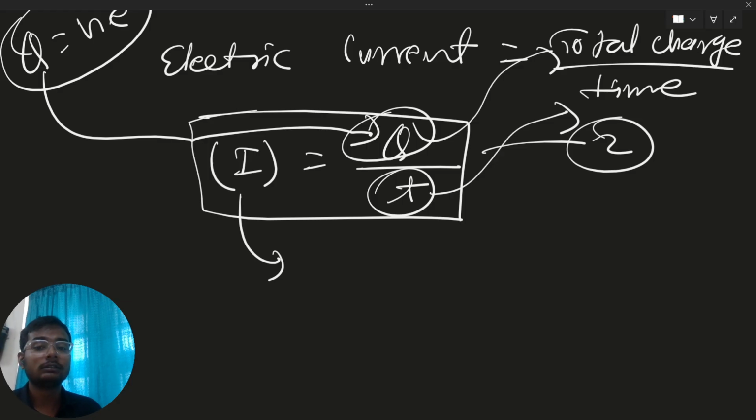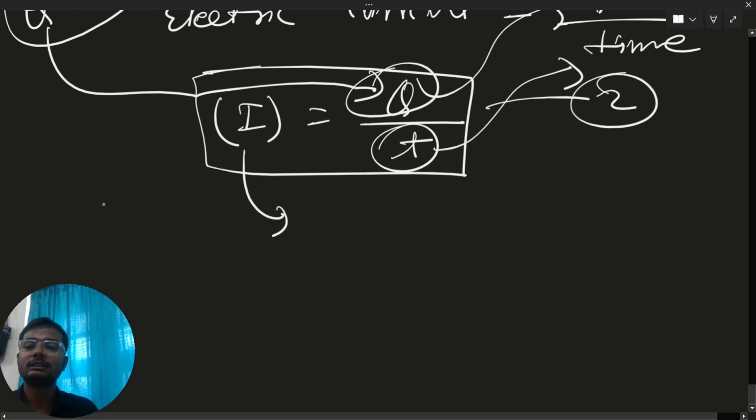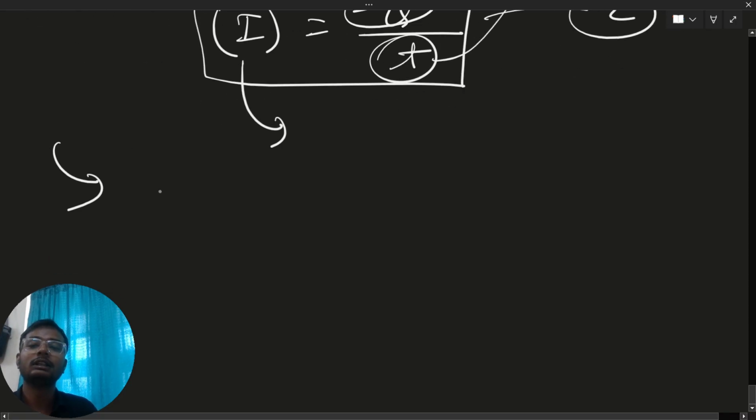Okay. Now, if this is clear, let's quickly talk a little about the properties of this electric current. Acha, when we talk about the electric current, first one, it is a scalar quantity.